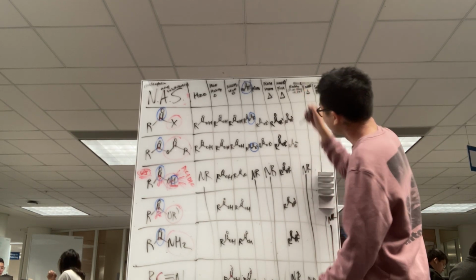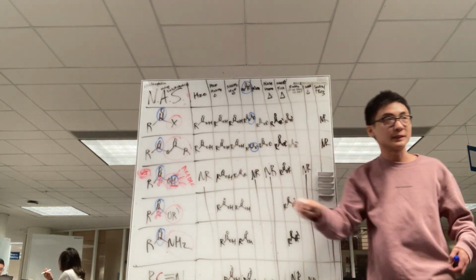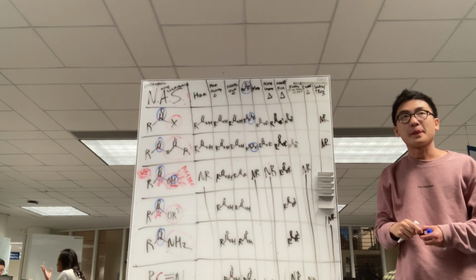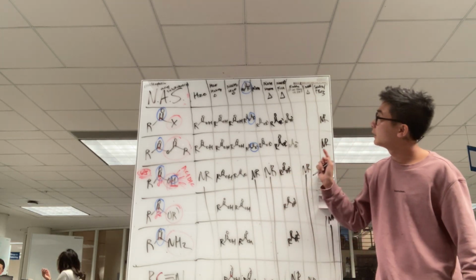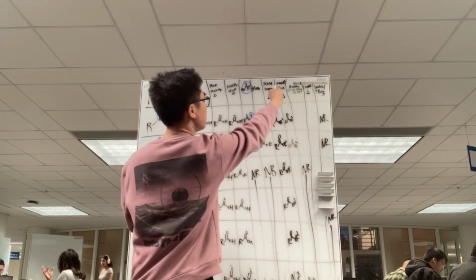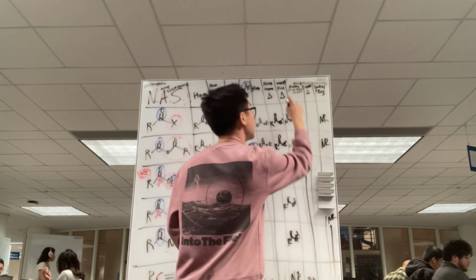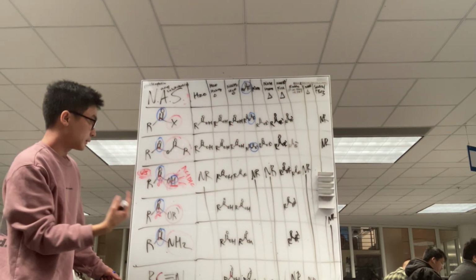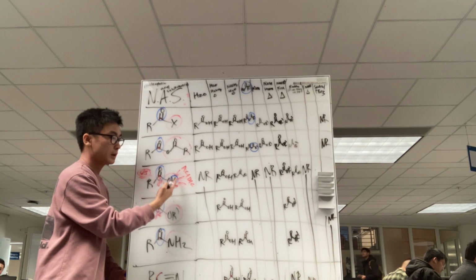Except, if we're in basic conditions here and we react with this carboxylic acid, what would happen instead? It would do an acid-base reaction. It would deprotonate the carboxylic acid into the carboxylate in basic conditions. This OR minus here can either attack this electrophilic carbon or the acidic proton.